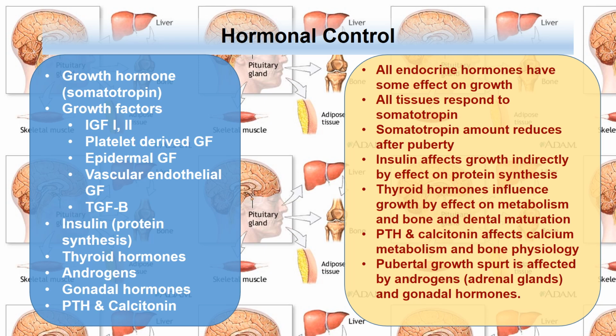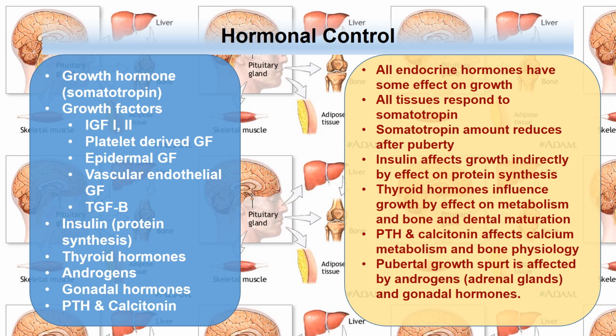All the tissues respond to the effect of somatotrophin. The level of somatotrophin normally reduces after puberty, and insulin affects growth indirectly by its effect on protein synthesis in the body. Thyroid hormones influence growth by the effect on metabolism and bone and dental maturation.